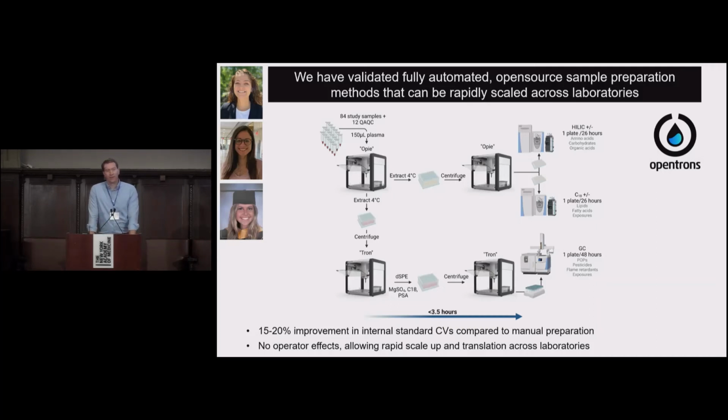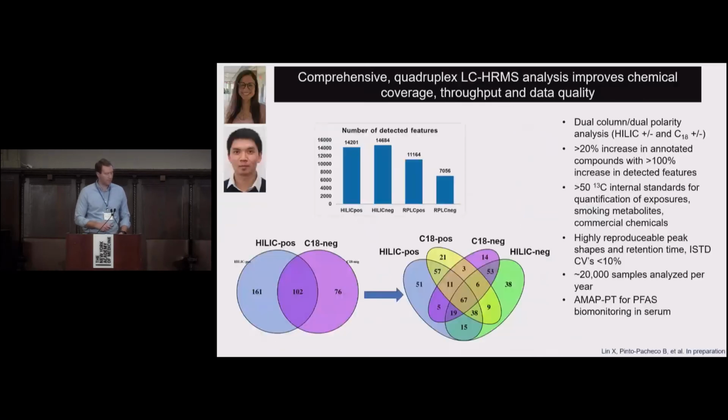They've been able to do this in a way that allows us to prepare approximately 84 samples in under 3.5 hours, using one worker in the lab. So it's really allowed us to scale up our capabilities, and the automated sample prep makes us much more robust and independent of the operator.